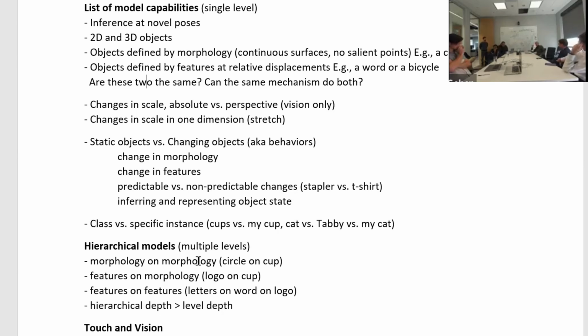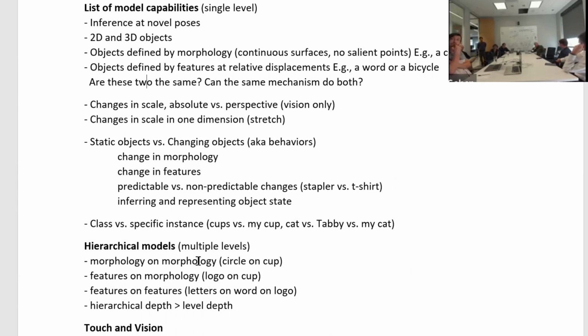And then you can have features on features. For example, feature models. So the letters, you think of a letter as an object, it could be in a word, and the word can be in the logo. So these are just relative arrangements of pieces and relative arrangements of features. And other than the letter itself, it's not morphological. It's just like displacement of features.